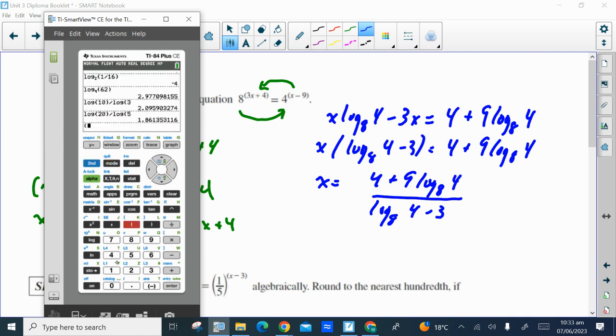So we'll open brackets so we keep the numerator together. So 4 plus 9 times log base 8 of 4. Close the bracket on the numerator, and I'll divide that by the denominator, which I'll also put in brackets, log base 8 of 4. And some of you might be wondering why you don't just cancel the log base 8 of 4s.